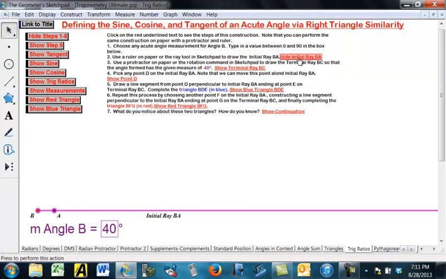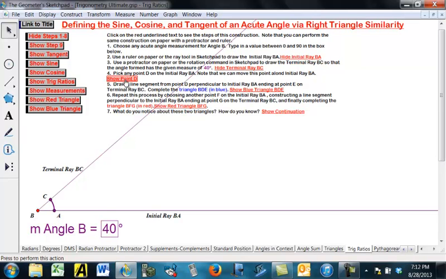I already have that set up here so that when I click this button it will do that. Now of course when you're doing this by hand, what do you do? You take your protractor, you set the center of your protractor here at B, you measure out the angle that we desire, in this case 40 degrees, make a mark, straight edge, and now you have your 40-degree angle. So everything in this is going to be based on this 40-degree angle.